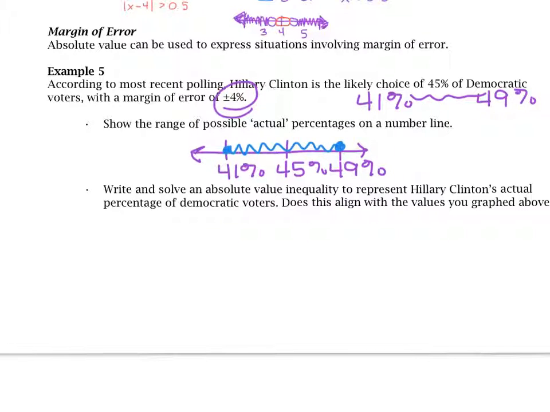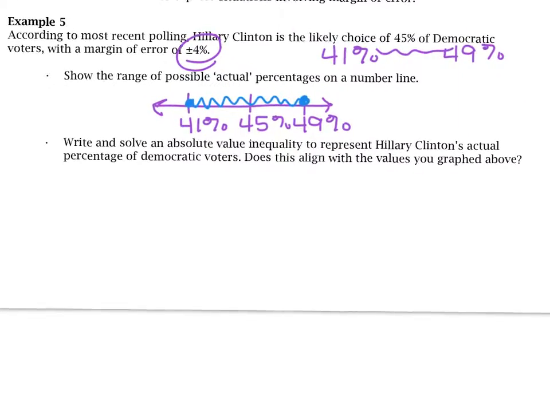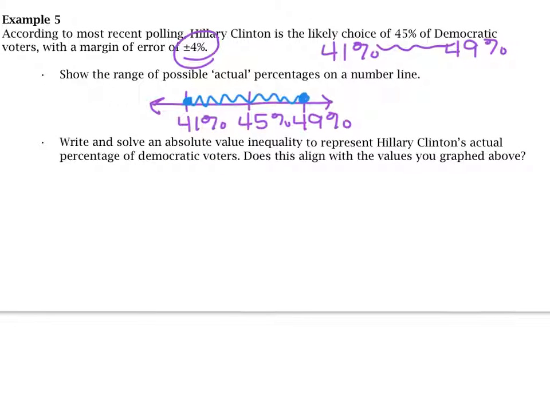Okay, so now let's talk about how to write this as an absolute value inequality. And I will be honest, this is going to make it look more complicated than it needs to be, because everybody can do this. Everybody can say, oh, if you go plus or minus 4, you go 4 this way, and there's your range. But you can express this with an absolute value.